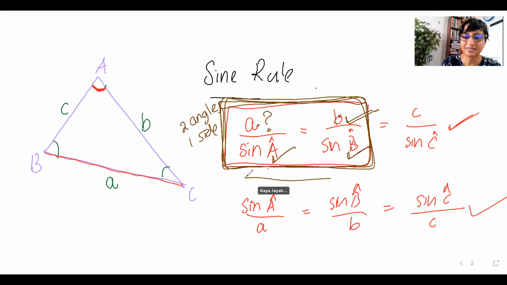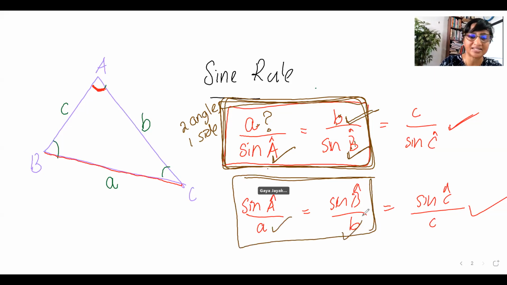Here, look at this equation. If you know two sides and one angle, you can find this other, remaining angle, the angle opposite to one of the sides. So it goes in pairs.